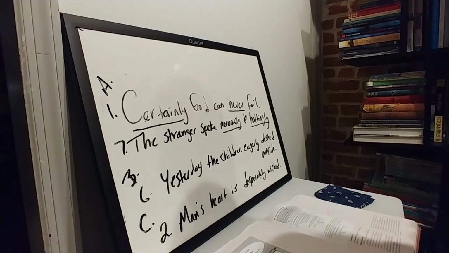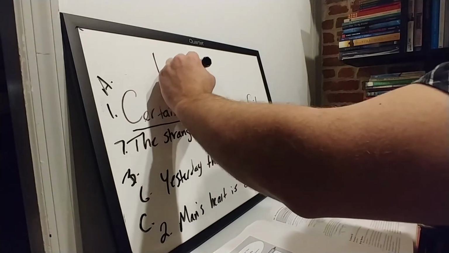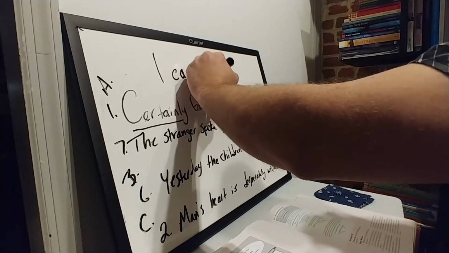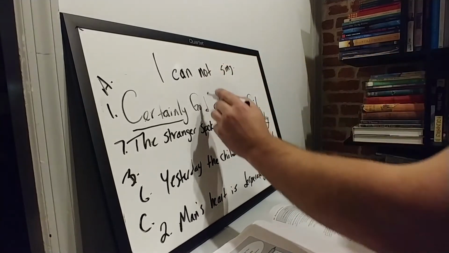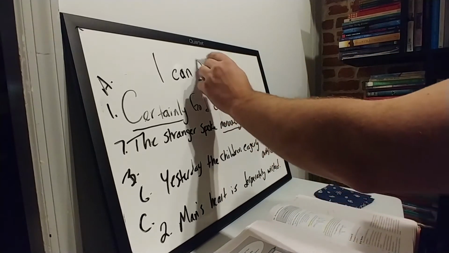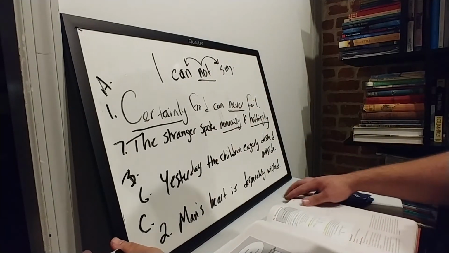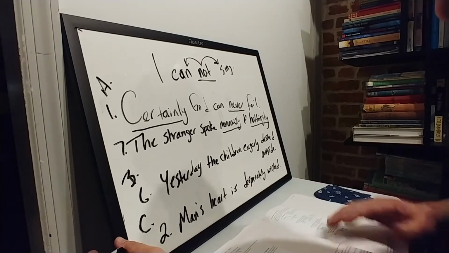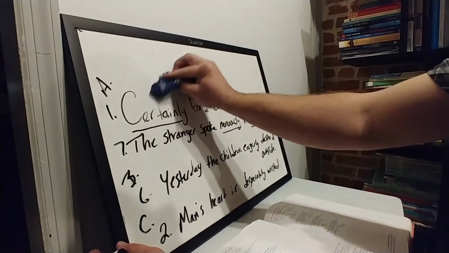So, when you hear a sentence like "I can not sing," not modifies can sing, and it's an adverb. And that's the one you're going to see pretty commonly.